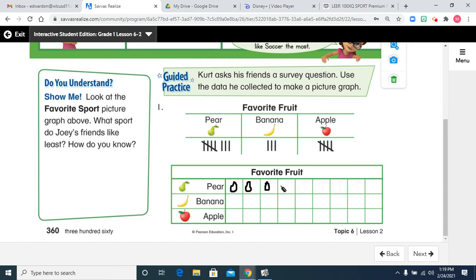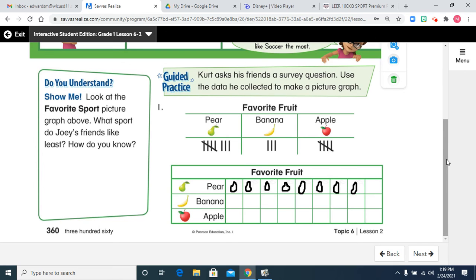Now remember, 1 box is worth 1. So if there's 8 pears, then you need to fill in 8 boxes. Now you could draw your pears a lot better than mine. You can color them too. It's better for the pictures. And let's check. 1, 2, 3, 4, 5, 6, 7, 8.